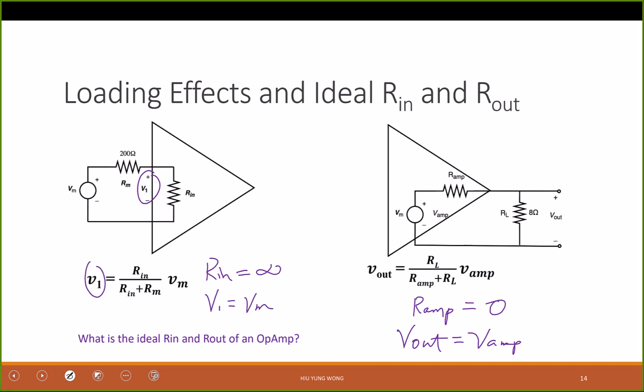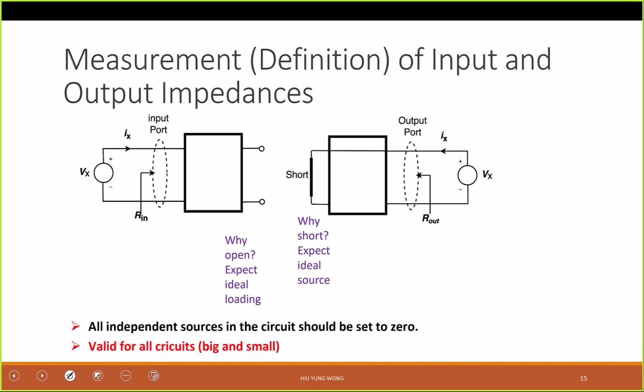Okay? Now, why do I want to talk about this? This is related to the definition of the input and output impedance. If I want to find the input impedance of a circuit, naturally, I will just apply the input voltage and then measure the input current, right? Just like a resistor. Apply the input voltage, measure the input current.